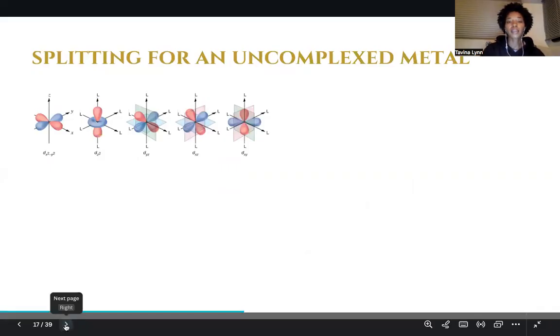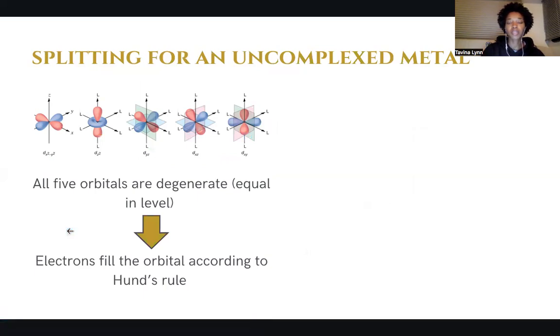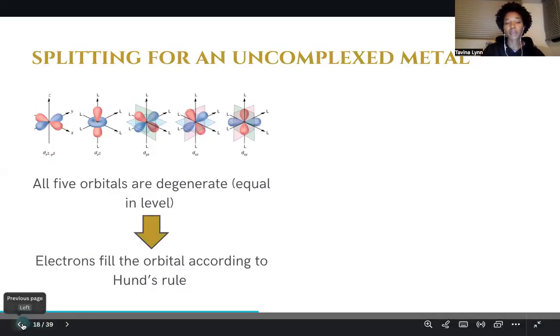So let's look at an example for a metal before it's complexed with the ligand. So if we don't have a ligand being bound, all 5 of these orbitals are degenerate, which means equal in level, right? All 5 of them are equal in level. So let me just go back really quick.